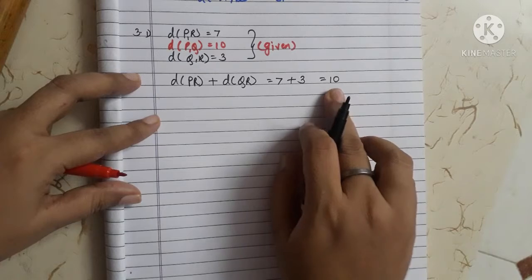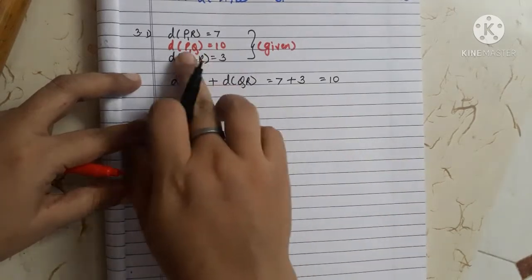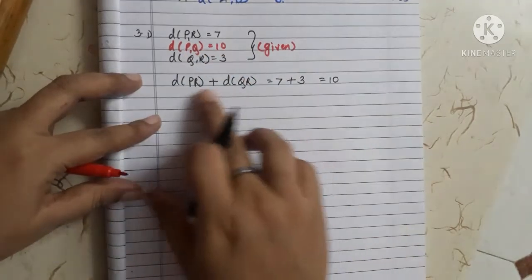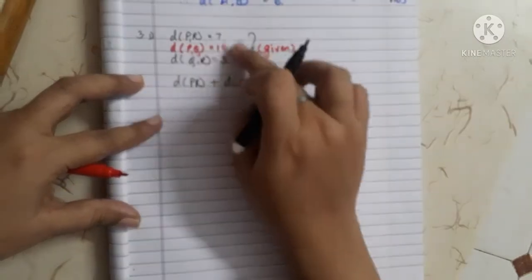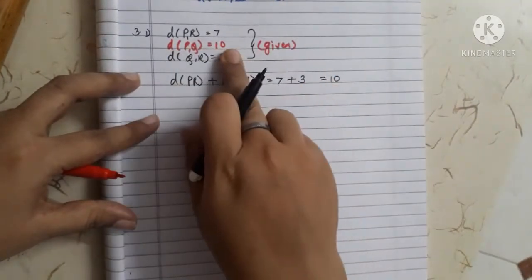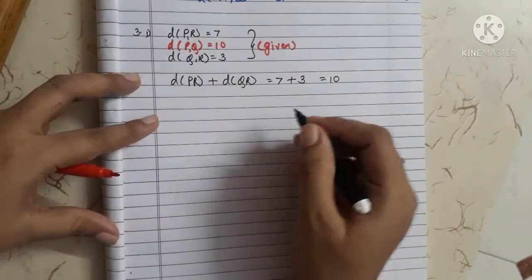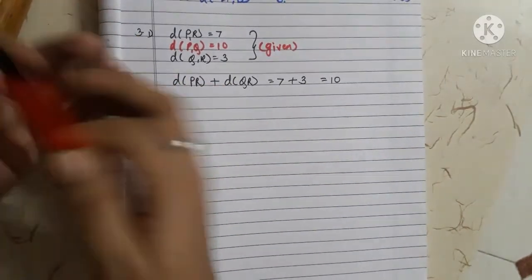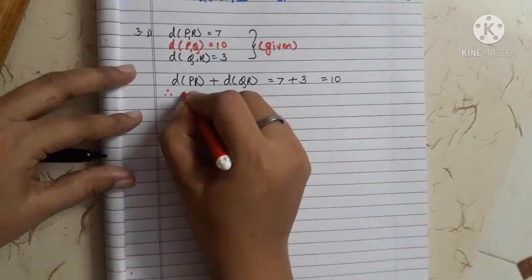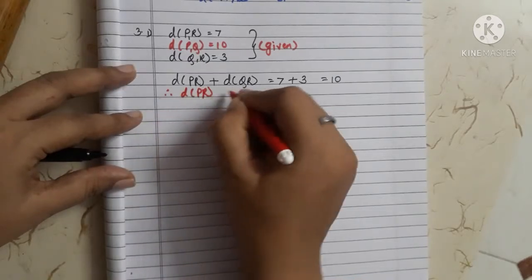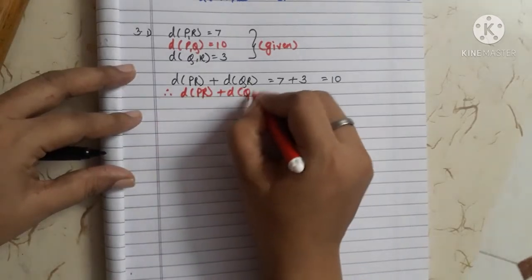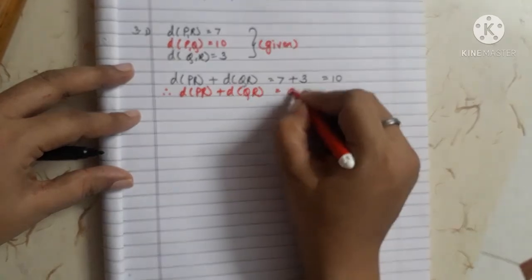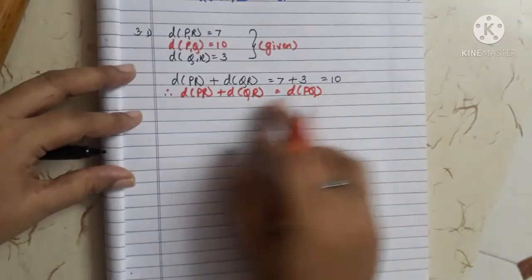So distance of PQ here you can see is also 10. So the conclusion here is that if we add the remaining 2 numbers we are getting PQ. This means, therefore we can say distance of PR plus distance of QR is equal to distance of PQ. Yes or no?